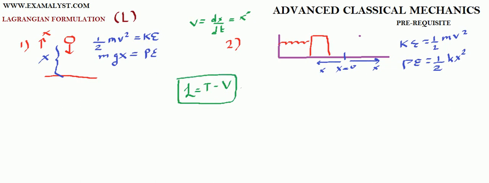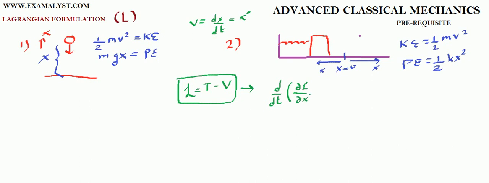and then use this in a particular formula called the Lagrangian equation of motion. That formula is: you have to do the time derivative of the partial derivative of the Lagrangian with respect to velocity. What is velocity? Velocity is x dot.